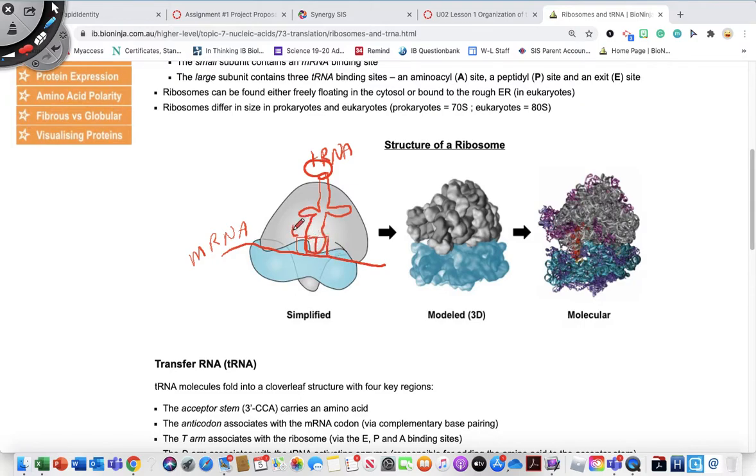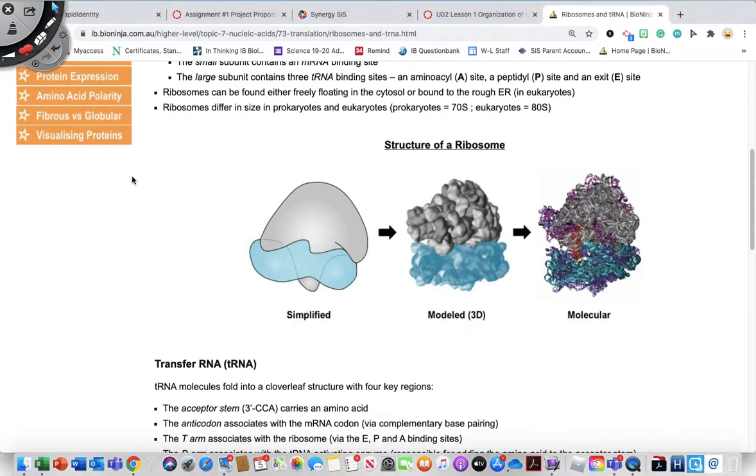Remember, we call them the EPA site. So tRNA comes in, gets activated, then the bond forms in the peptidyl site, and then it exits. And many tRNAs come and undergo this process, and that's what allows for the polypeptide chain to grow. Or we call this a chain of amino acids, which is also a polypeptide, which is also a protein. Okay, that's like translation in 2 seconds there.